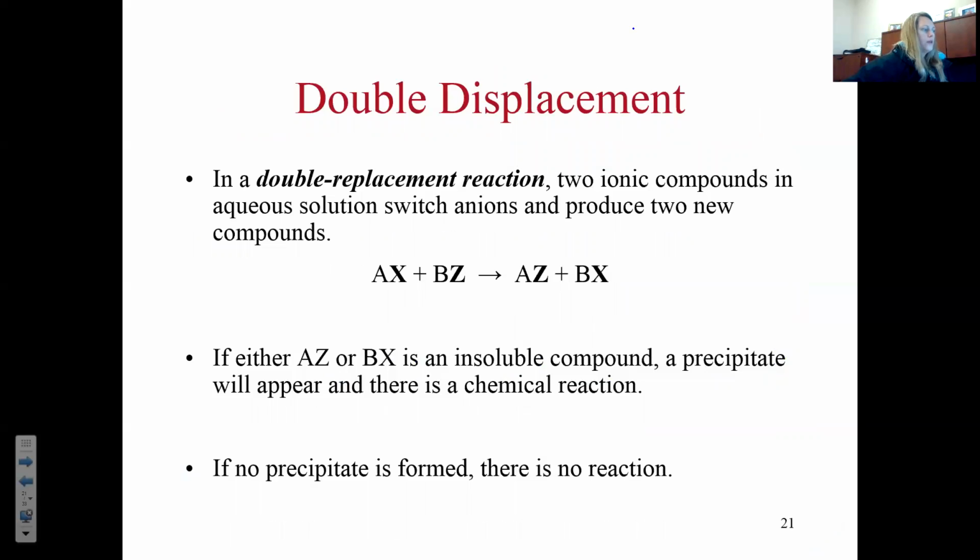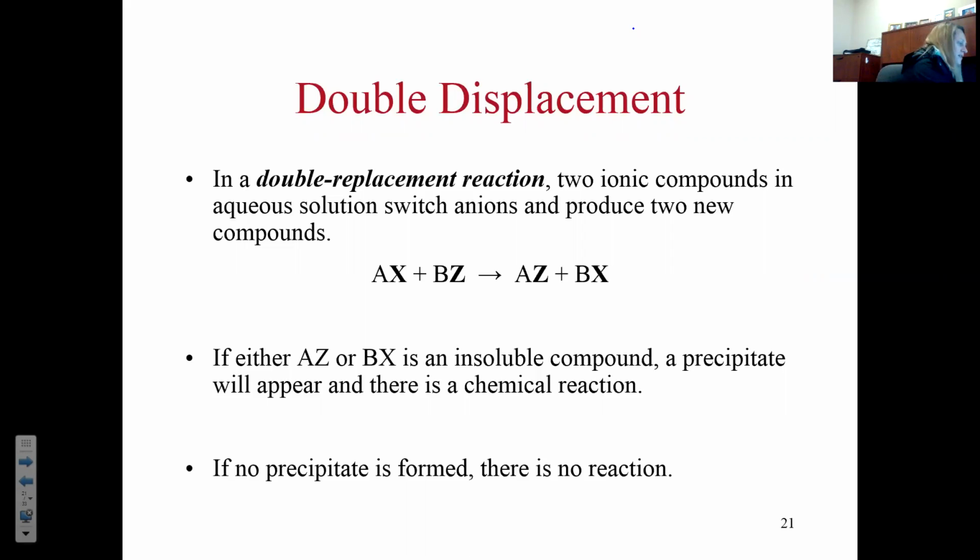Okay, so again, double displacement is when we take two ionic compounds in an aqueous solution and basically switch out those front components or those metal components and rearrange them with another metal component.